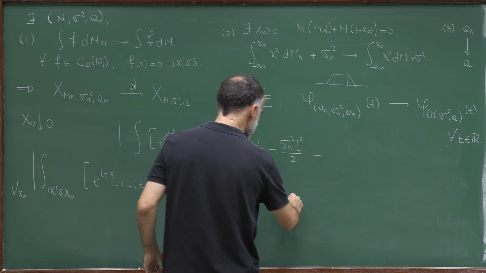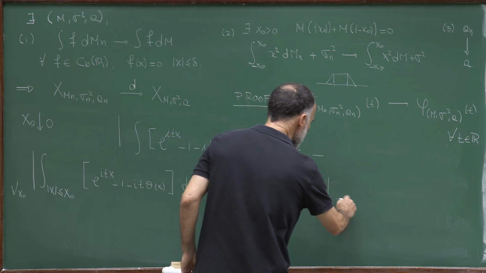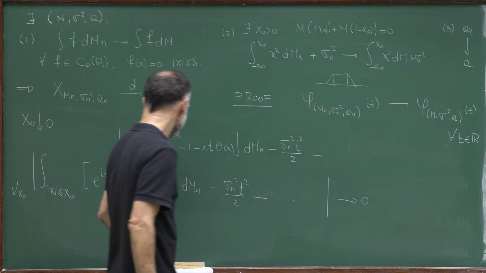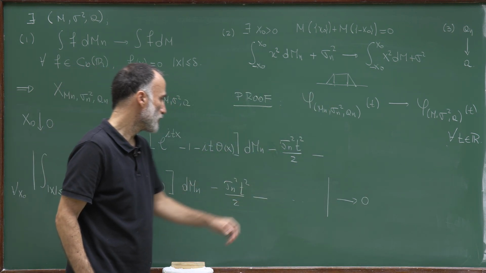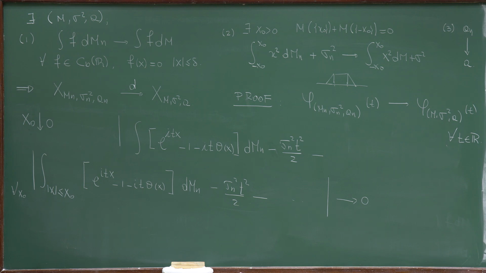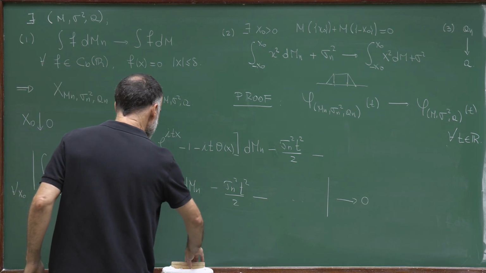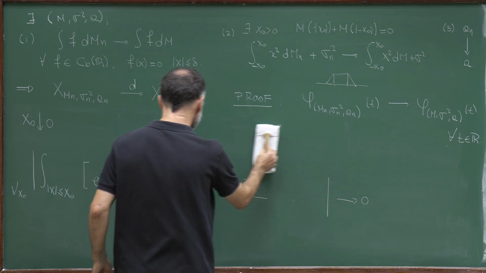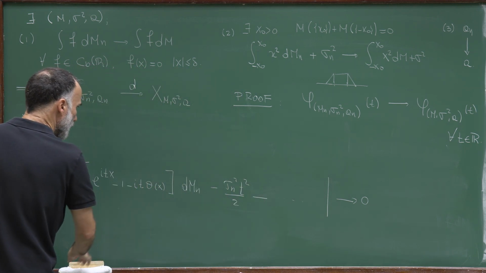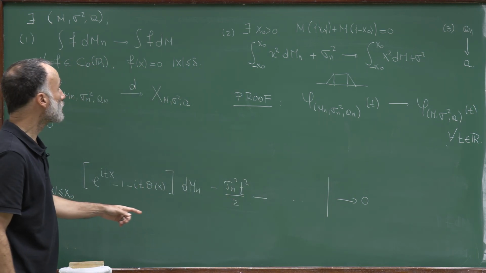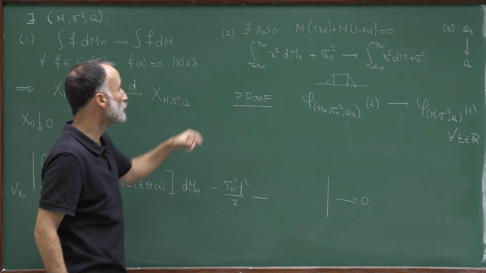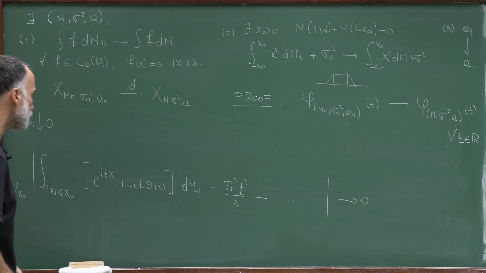So what remains to be shown is that this difference converges to 0 as n goes to infinity. And here, as I said, I will take smaller and smaller x0 in order to prove that. So, well, the second condition here will be used in order to prove that.